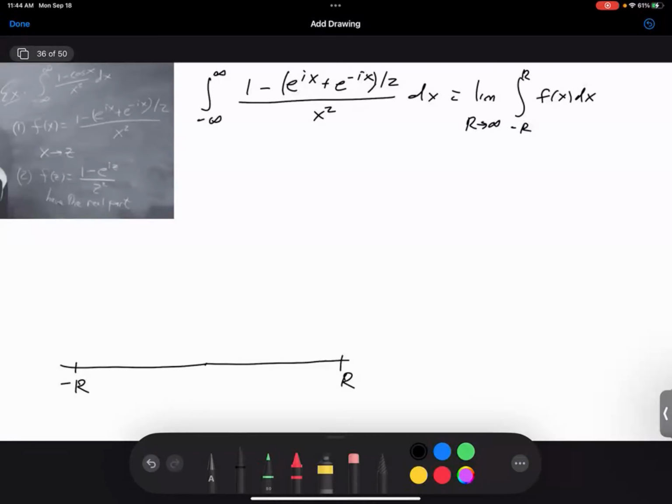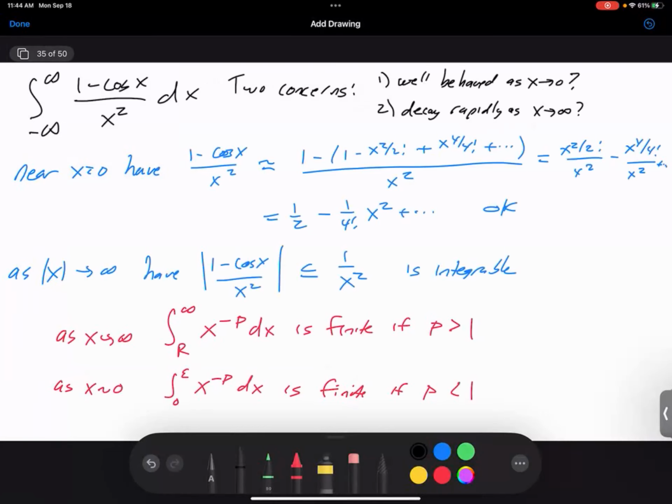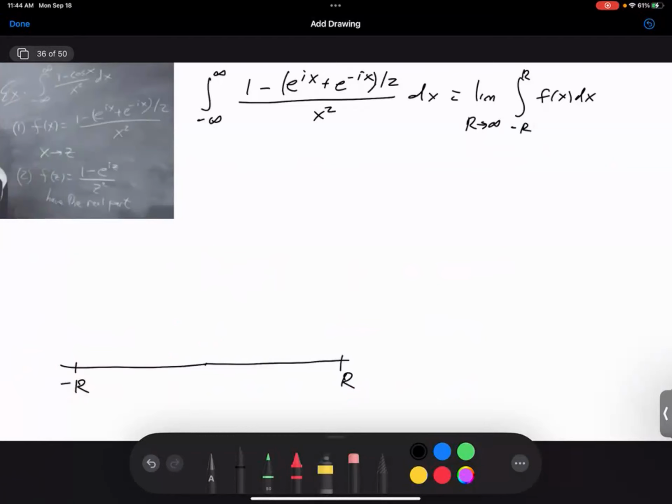When we're near x equals 0, the whole function f of x is well behaved. We just showed that near x equals 0, it looks like 1/2. But if we try to integrate this term by term, then we're going to get some problems. So what you often do in a situation like this is you take a little bit of a detour.